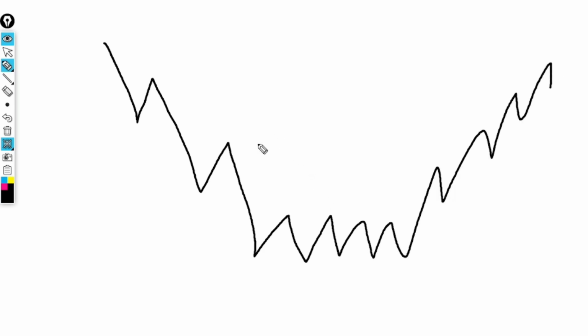So if you think about this, if the market was going in a downtrend right here, and then we are drawing trend lines, that simply means at some point this trend line is going to be broken.